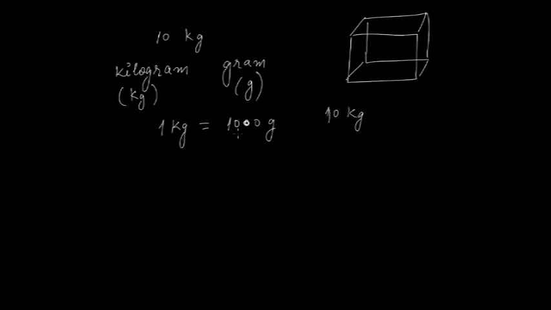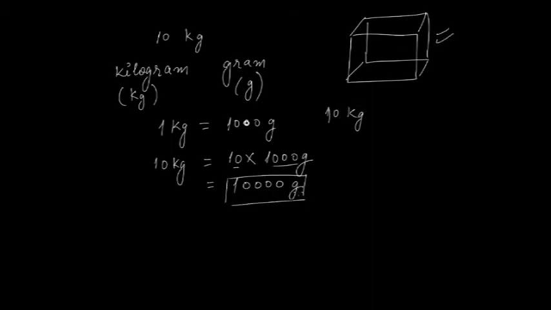Since 1 kg was equal to 1000 gram, 10 kilogram would be equal to 10 multiplied by 1000 gram, and therefore it would come to 1 followed by 4 zeros, because 1 zero from here and 3 zeros from here, gram. So this would be the weight of the same box in terms of gram.